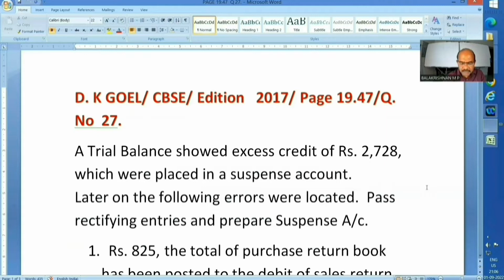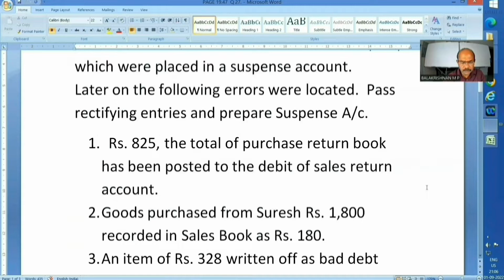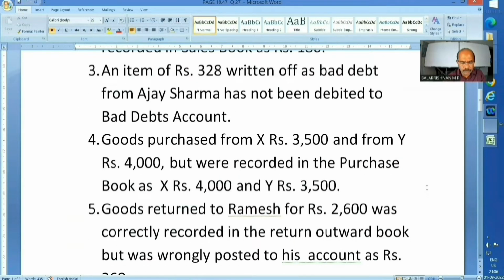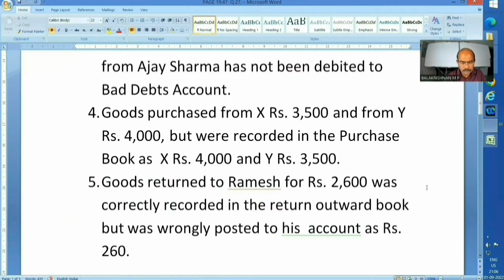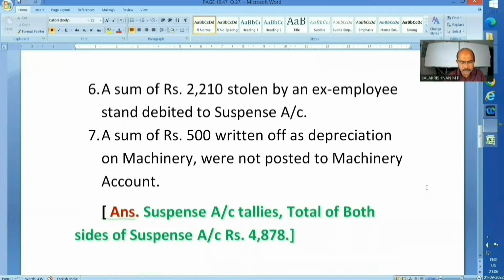Pass rectifying entries and prepare suspense account. Well, we have 1, 2, 3, 4, 5, 6, 7 items with the answer hint as suspense account tallies. Total of both sides of suspense account is rupees 4,878.